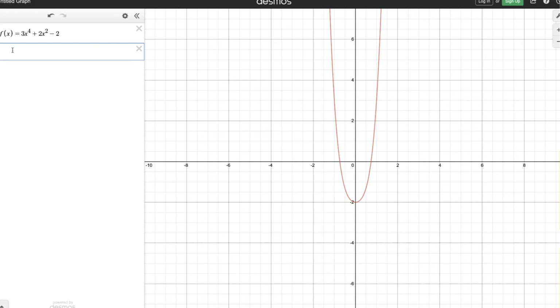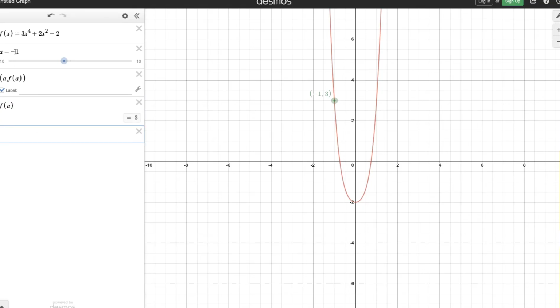Now let's look at the algebraic properties of this. So I'm going to plot a point on this graph. And notice, if I were to evaluate the function, I have it at an x value of 1 right now, and let me get Desmos to label it. At an x value of 1, watch what happens if I move that point to an x value of negative 1. Notice that it's at the exact same y value. And actually, let me get Desmos to show us the y value.